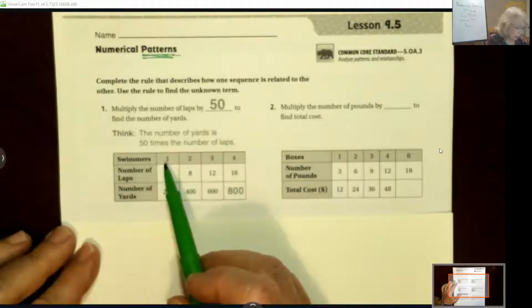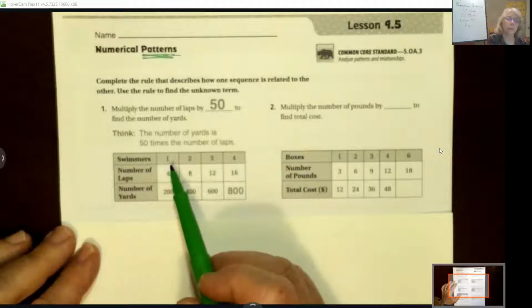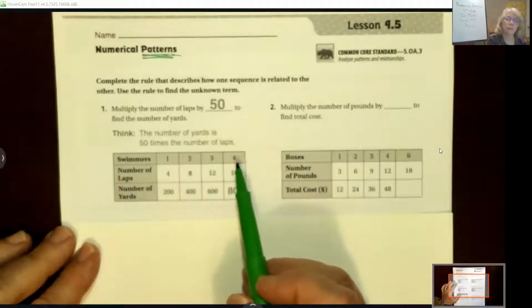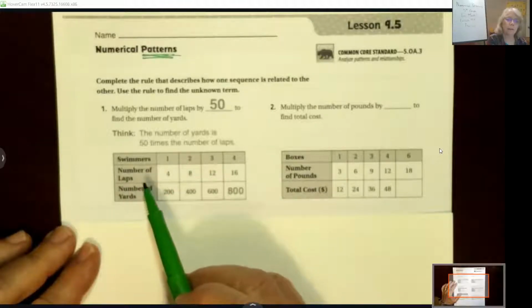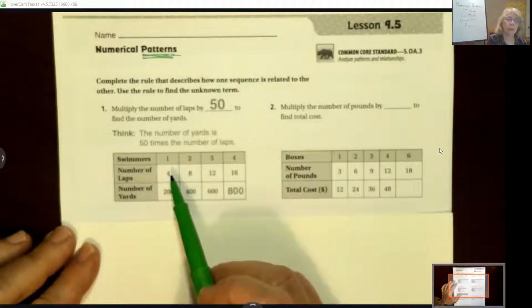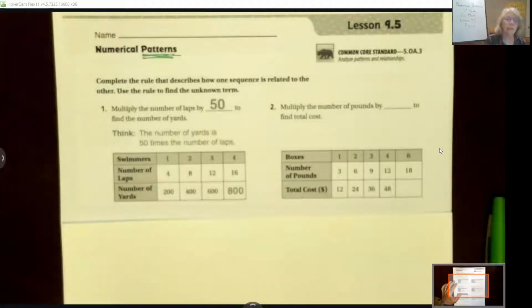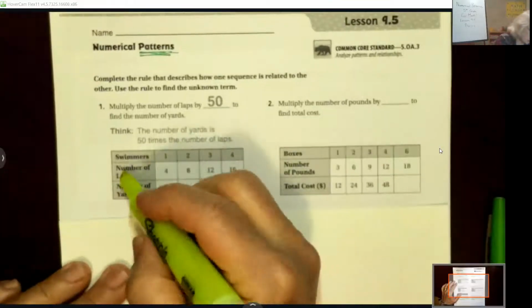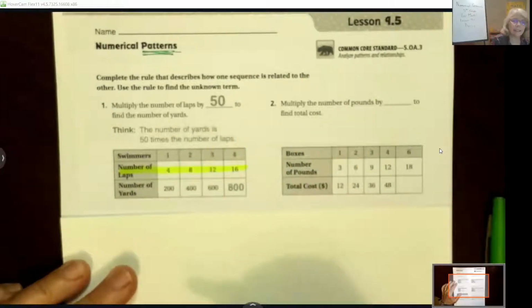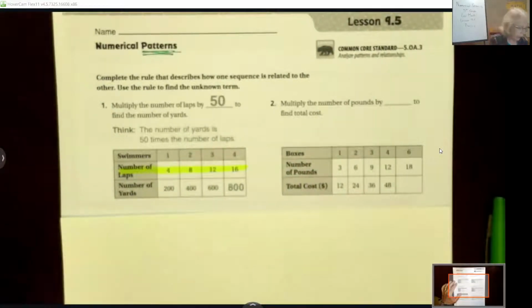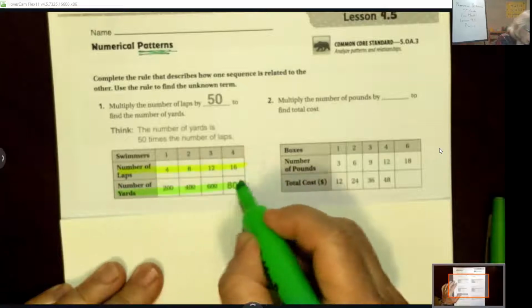It's telling you about each swimmer. 1 swimmer, 2 swimmers, 3 swimmers, 4 swimmers. The number of laps for 1 swimmer is 4, and that means the number of yards they swam was 200. So what we're looking for is a relationship between these numbers and these numbers.